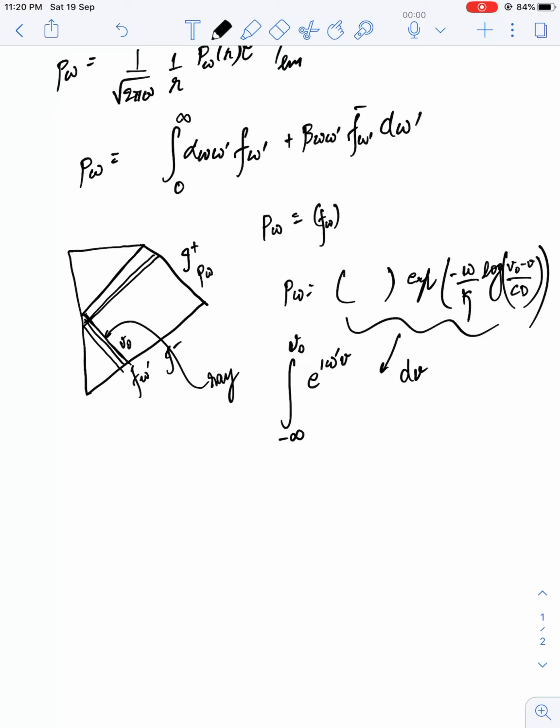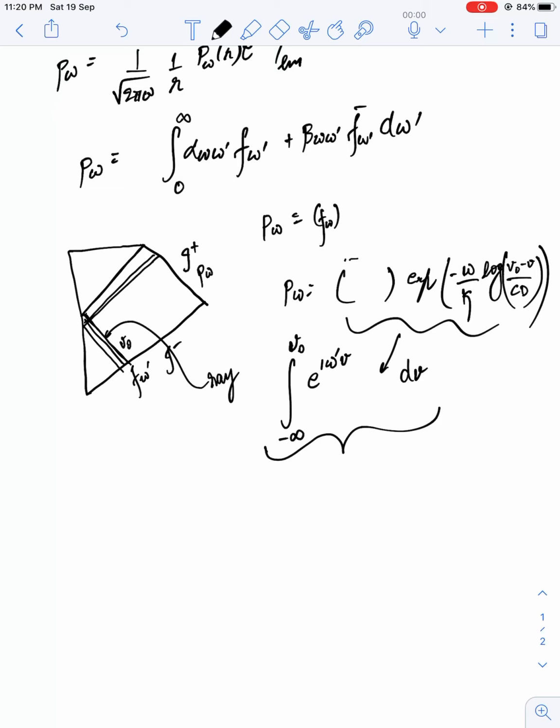The relation he gets by substituting, what he gets there is actually valid only if this whole function is true for v close to minus infinity as well. But while we derive p omega, we found that v has to be close to v naught for this function to be valid. Now I don't get why it is there. Basically maybe because of some asymptotic expansion, but I am not quite sure.